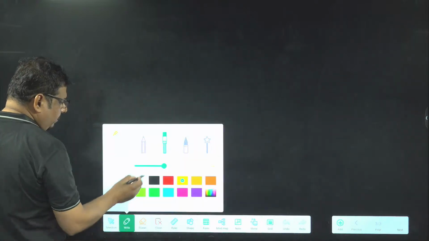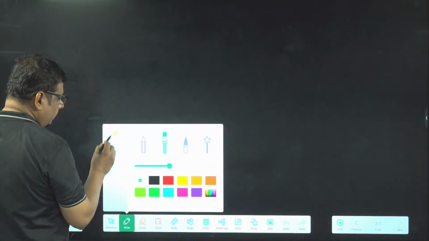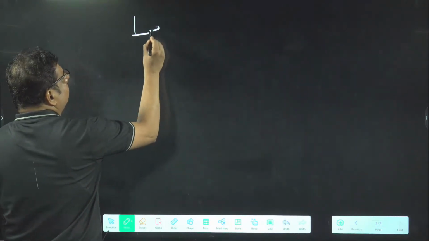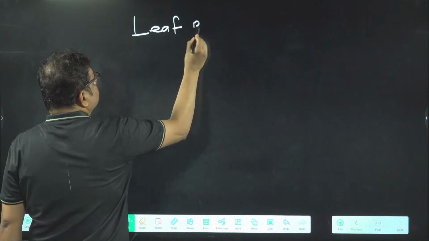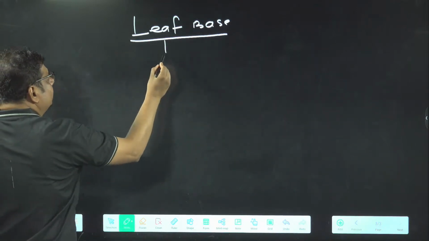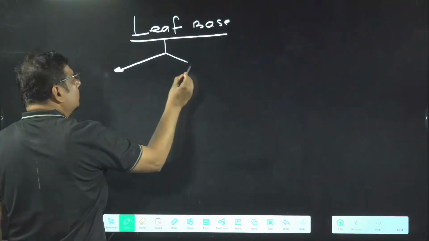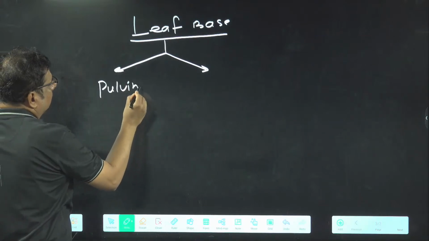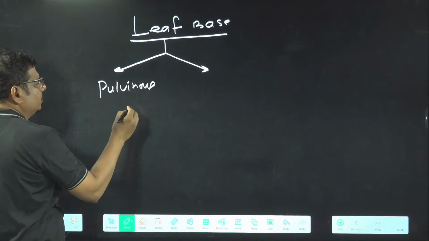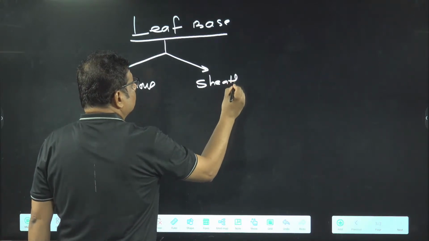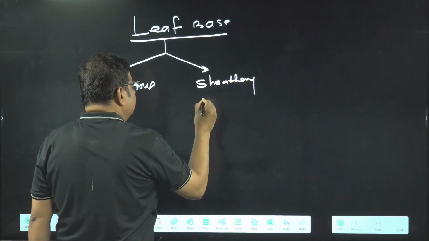Now we are going to talk about leaf base. If you talk about leaf base, NCERT wrote two types of leaf base. One is pulvinous leaf base. Another is sheathing leaf base.